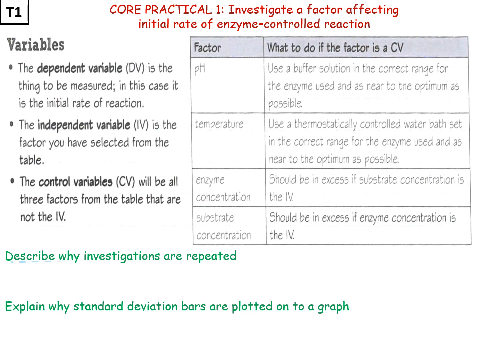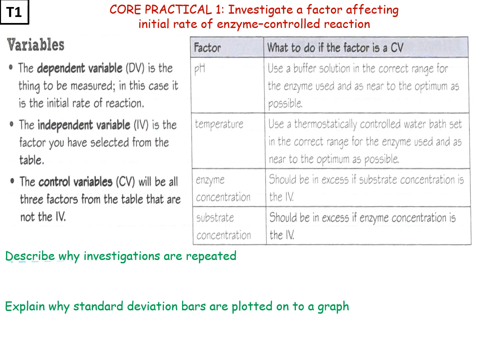So it's really important, whichever factor you're doing, the one that you change, you then have to find a way of measuring it, dependent variable, and the other variables have to be kept the same, they'd be control variables. If you are looking at how pH affects the initial rate of enzyme reaction, remember it's got to be initial rate because the substrate has to be in excess to make a fair comparison.